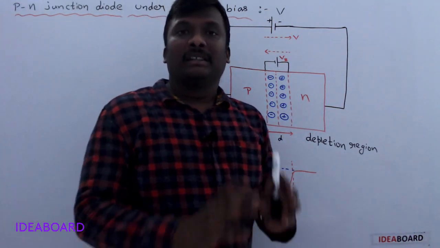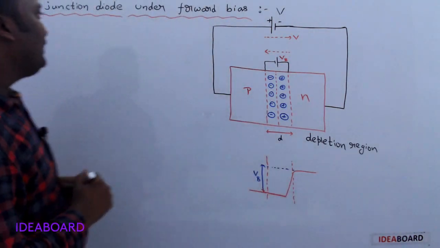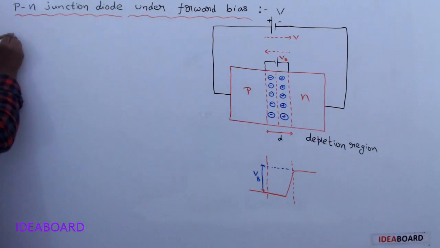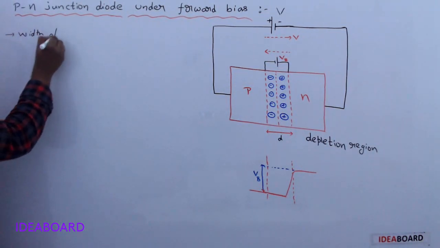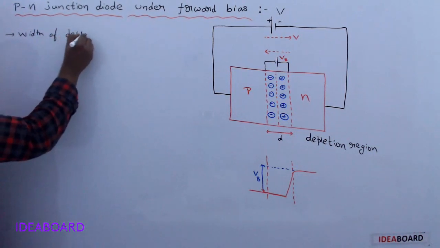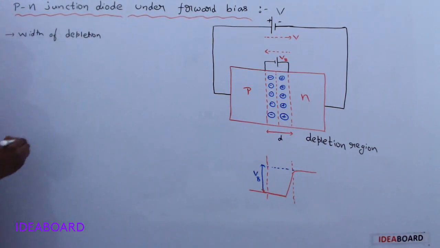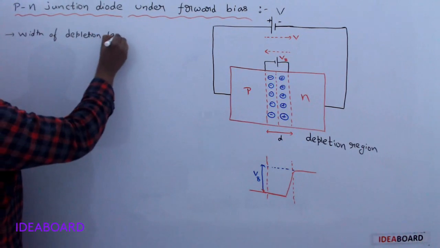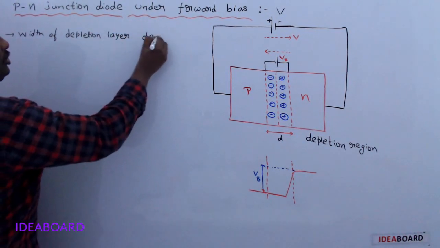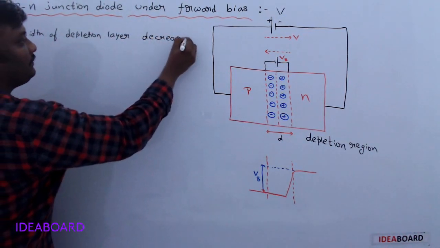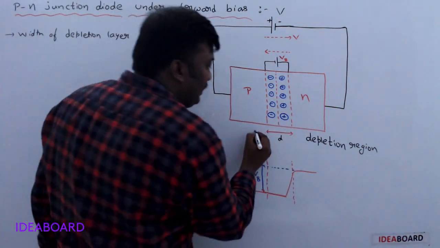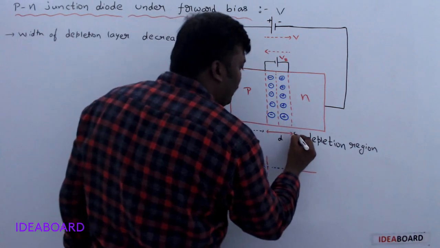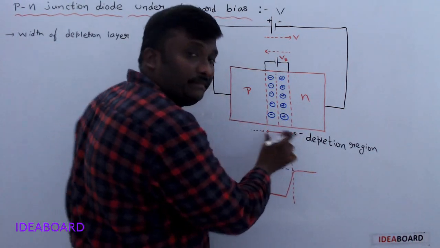That's why in forward bias, the width of the depletion layer decreases. What happens to the depletion layer? The width of the depletion layer decreases.